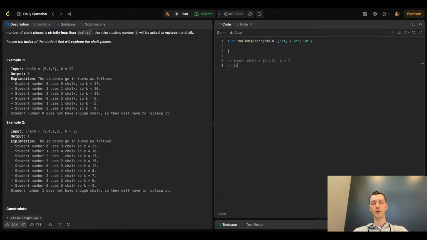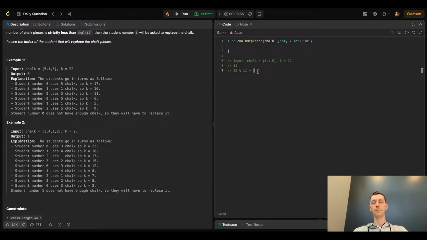So a more optimized approach is to ask, can we use some math? Let's say 11, and if we take k divided by 11 and look at the remainder, so that will be 0. That means we don't have to iterate over these students.